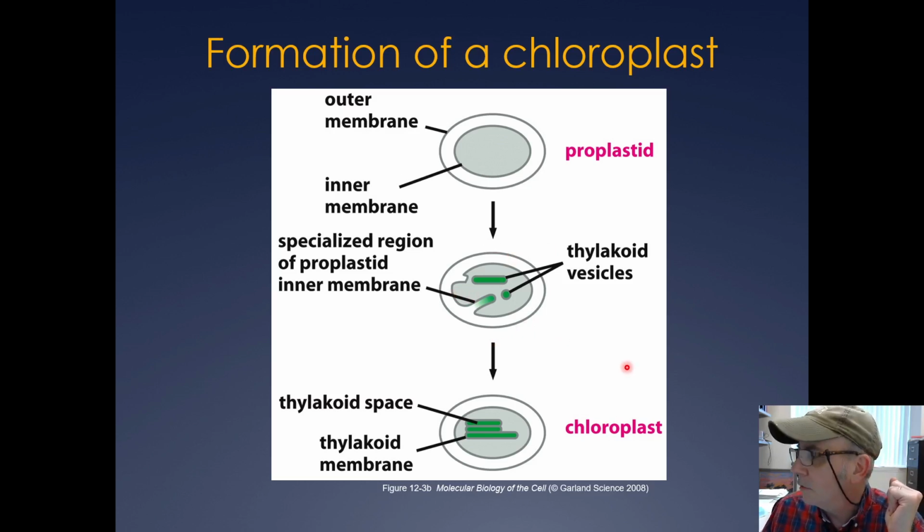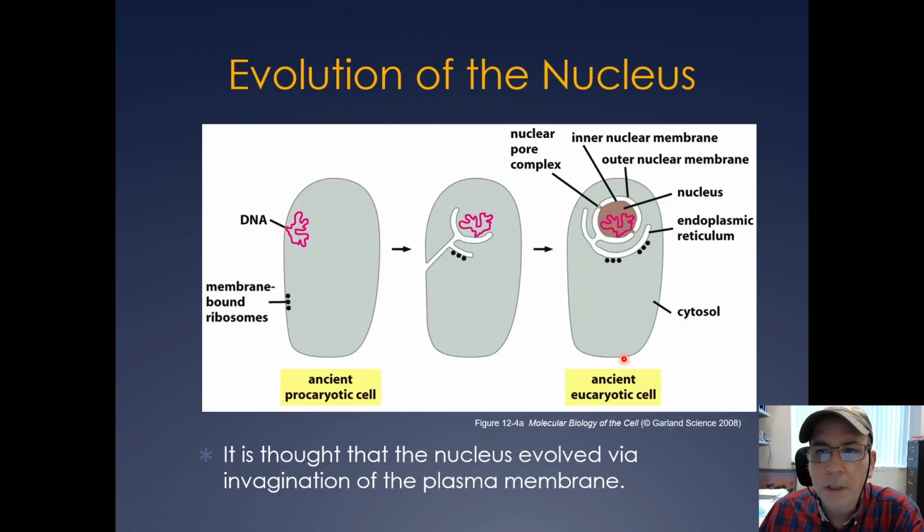We've covered this before, and it had to do with the evolution of the nucleus. So if you have an ancient prokaryotic cell that didn't have a nucleus, but it did have some DNA, then there was an invagination, and the nuclear envelope came and surrounded the DNA and created a nucleus.